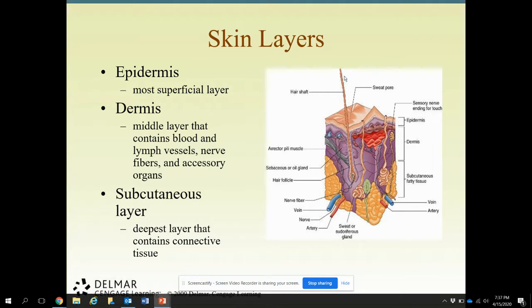So you definitely know when you get cut and it reaches that dermis layer, because you have the blood vessels, and you have the pain, the nerves that are there. And then you have the subcutaneous layer below that. It's the deepest layer that contains connective tissues. So it's connecting it to the muscle layer below that. And we saw a lot of that when we were dissecting our rabbits.